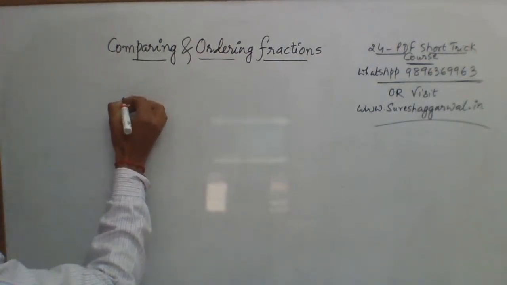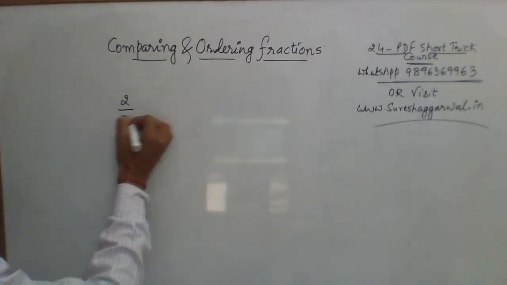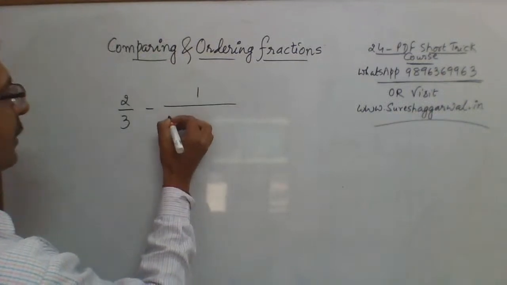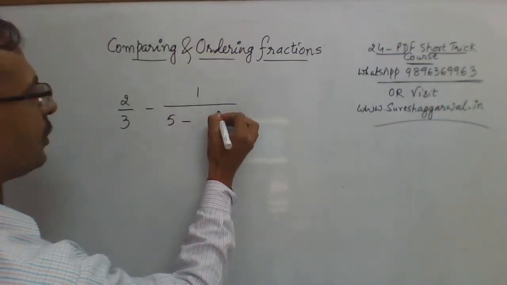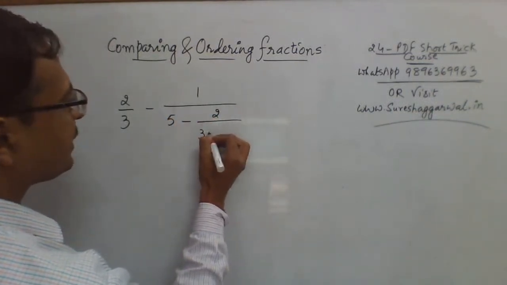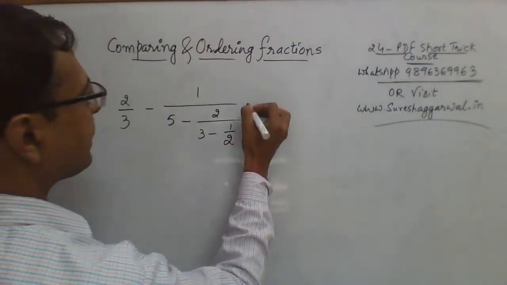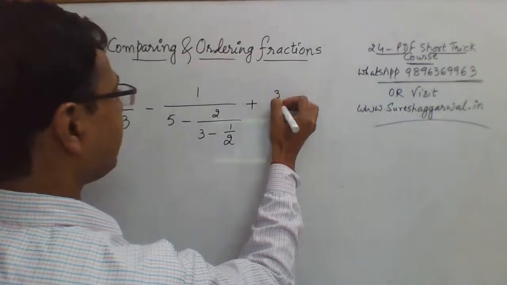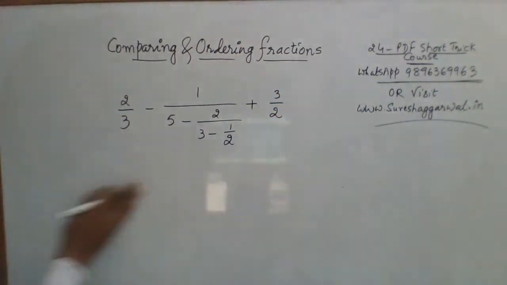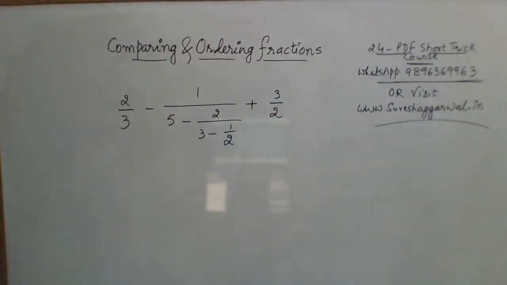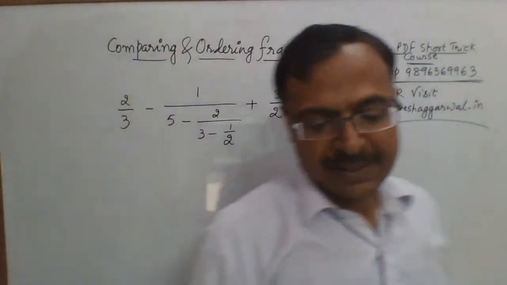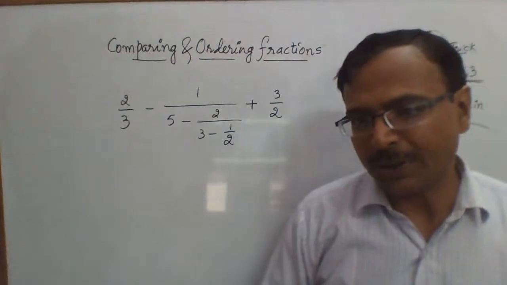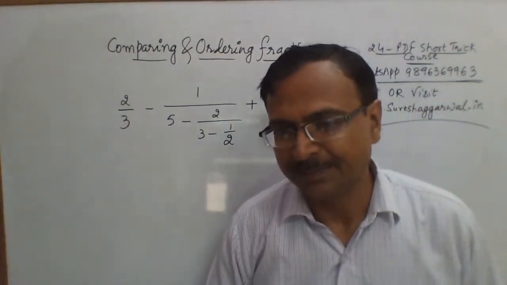You need to find this: 2 by 3 minus 1 upon 5 minus 2 by 3 minus 1 by 2, plus 3 by 2. Okay, so you need to tell me the answer for this question. Let's allow time for others to join in, and in the meanwhile you can solve this question and tell me the answer.